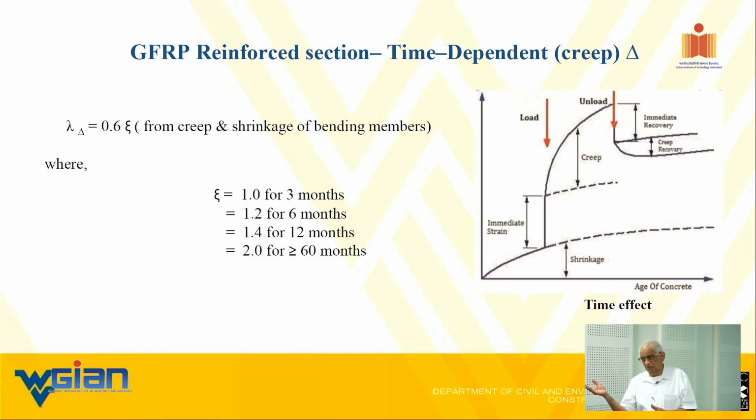If I put 25 units, it still will have creep. But at a 10 unit level, the rate of creep is slower and it will reach a certain value, whereas at the 25 unit level, the rate of creep is higher. It will go to a different kind of value. That's what I'm saying.